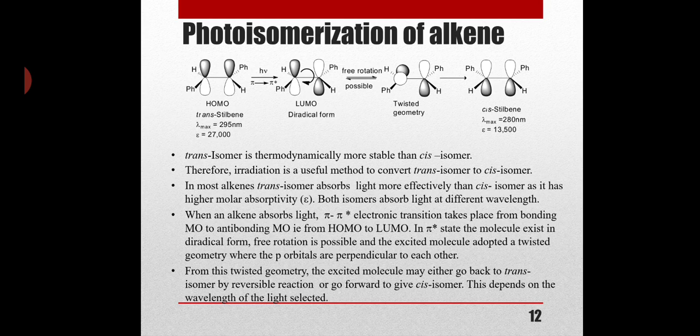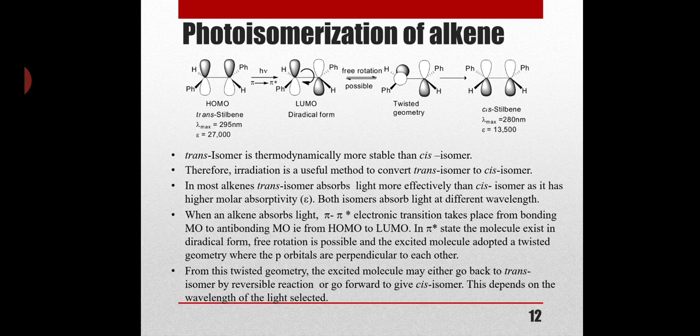The trans isomer is thermodynamically more stable than the cis isomer because in the trans isomer the larger groups are far apart, there is less steric hindrance, and so it is a stable configuration. Therefore, irradiation is a useful method to convert the trans isomer to the cis isomer.